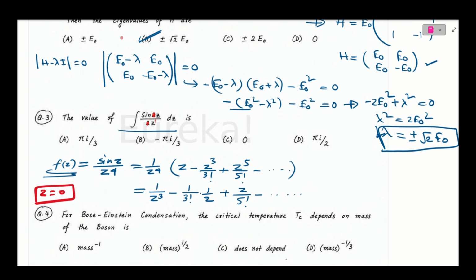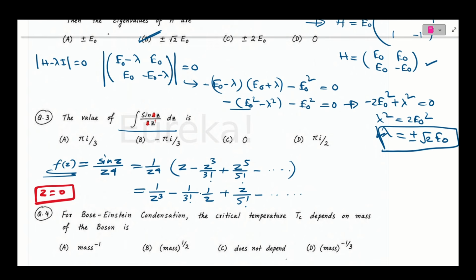So sin z divided by z to the power 4 is expanded about z equals 0. Obviously we can see that the coefficient of the 1 divided by z minus 0 term is minus 1 divided by 3 factorial. So that will be the residue for this function.